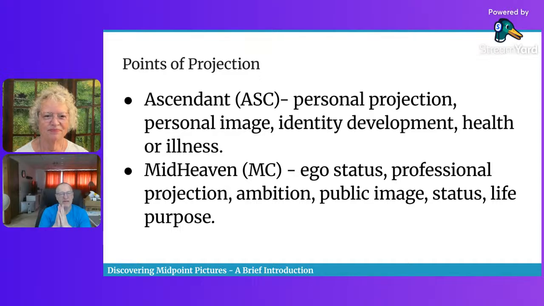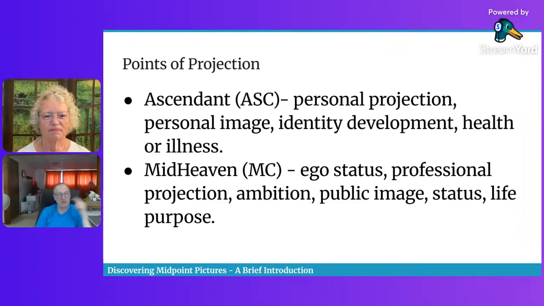Midheaven is your ego, your ego status, your professional projection. The Ascendant is my personal projection, but when I want the world to know what I can do, I go out and prove myself in a profession. So this is professional projection. It's how I really want the world seeing me doing my thing and doing it well.